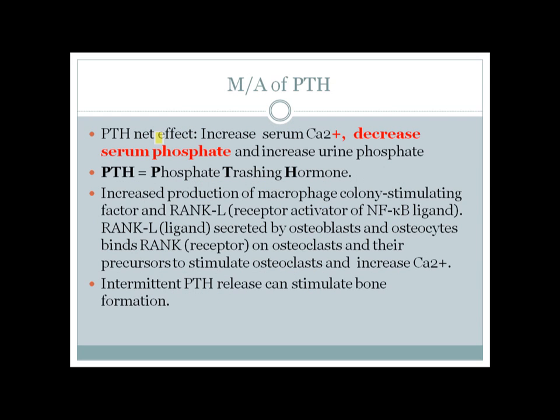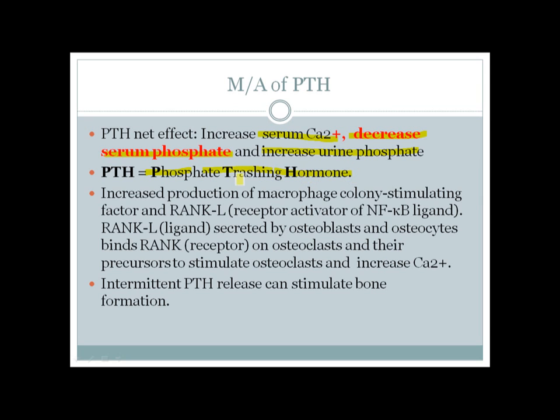So the net effect of parathyroid hormone is an increase in serum calcium and a decrease in serum phosphate. The way it decreases serum phosphate is by increasing the excretion of urinary phosphate, and so parathyroid hormone is also known as the phosphate trashing hormone.